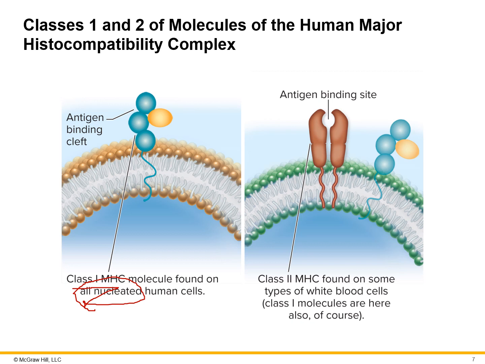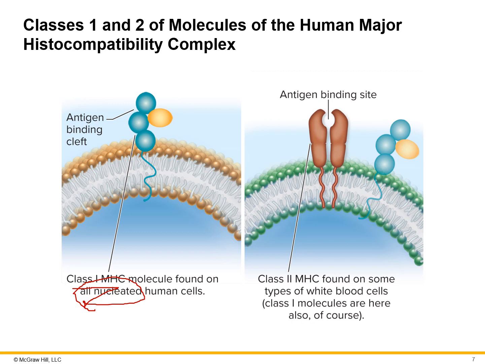What happens here is our cells randomly place things from our lysosomes or degraded material on these class 1 molecules, so that those T cells can come along and inspect. So it's a way of all of our cells showing those T cells what's going on inside.